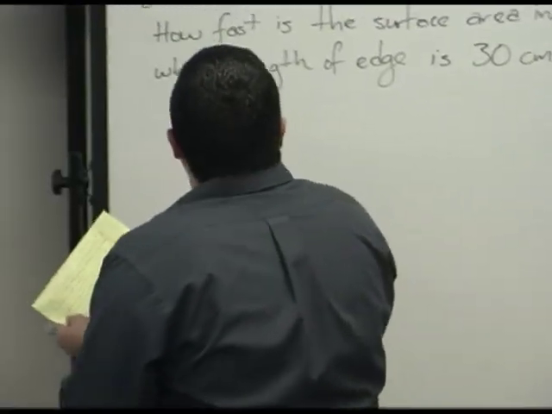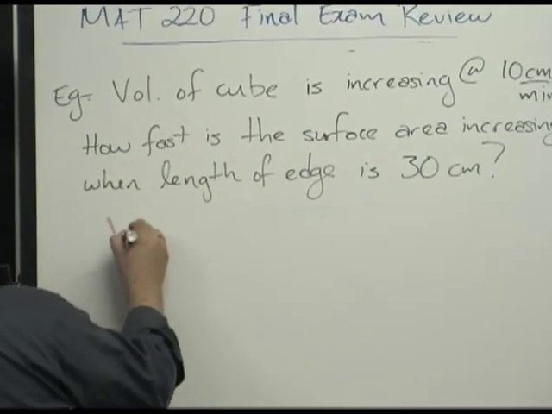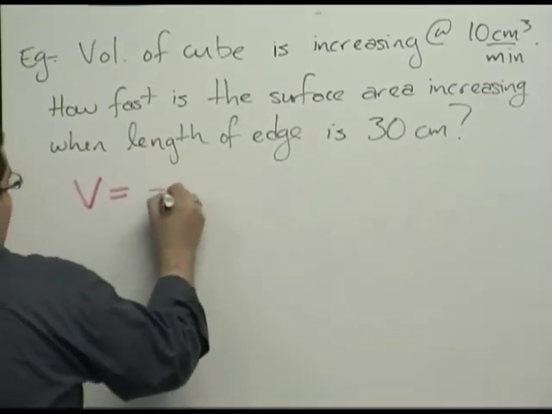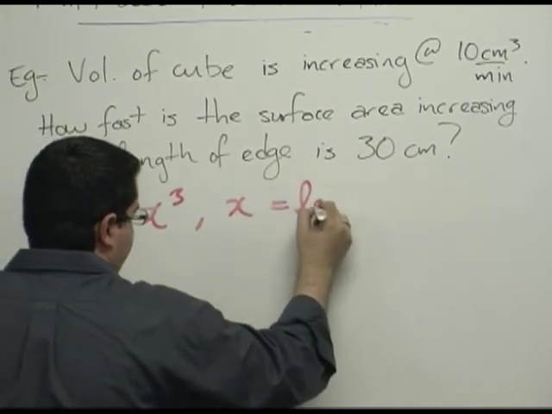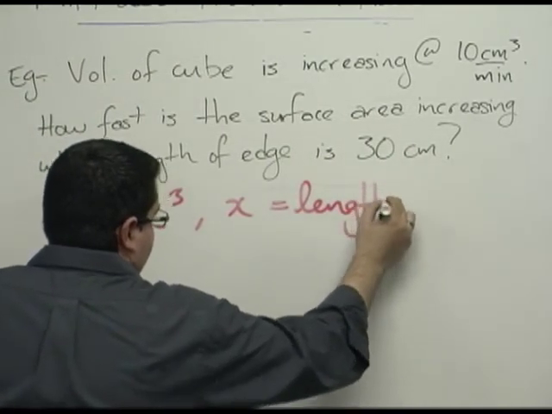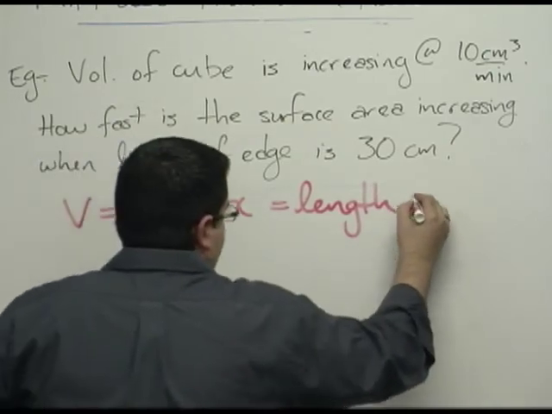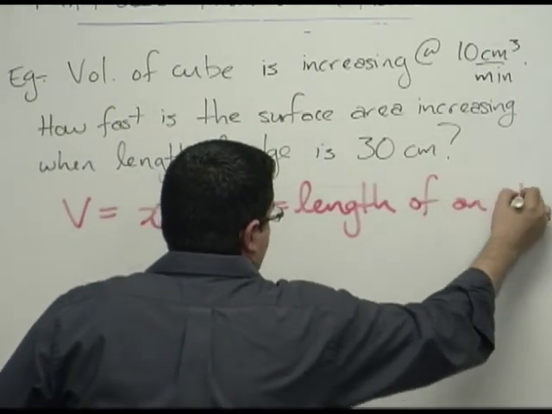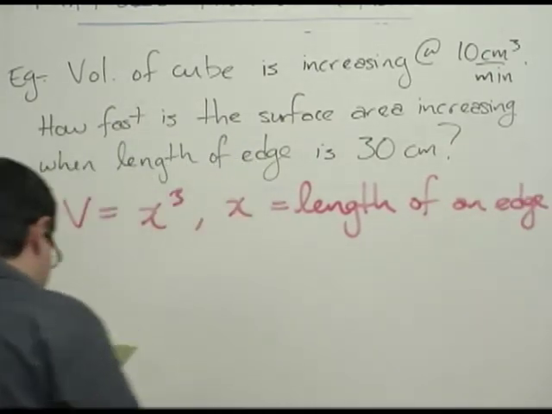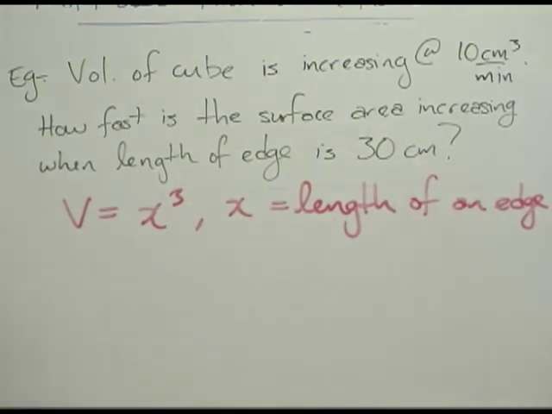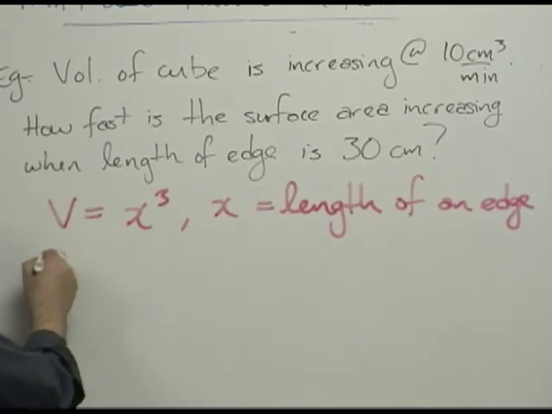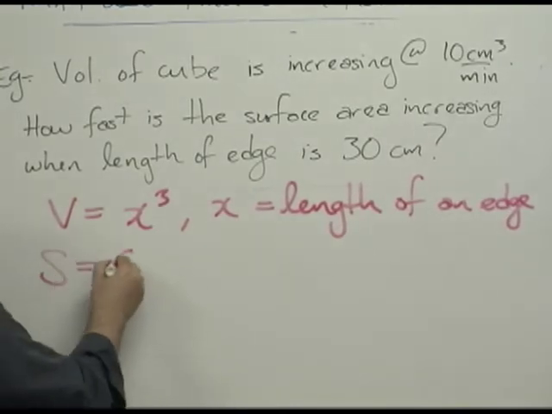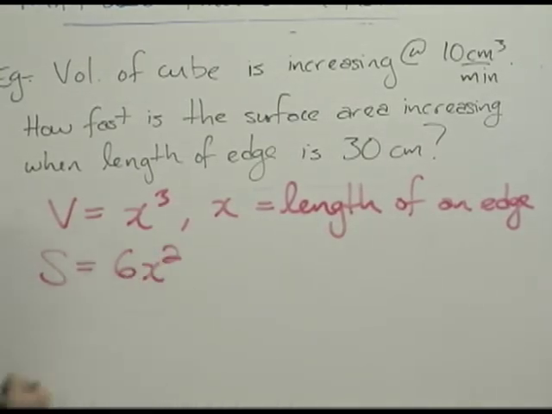In this case, we're dealing with a cube. And as I mentioned, the volume of a cube is simply x cubed, where x is the length of an edge. Okay, the surface area is given as 6 times x squared.